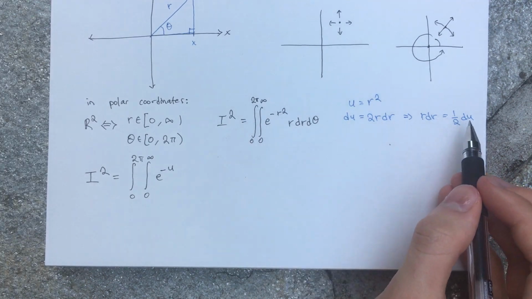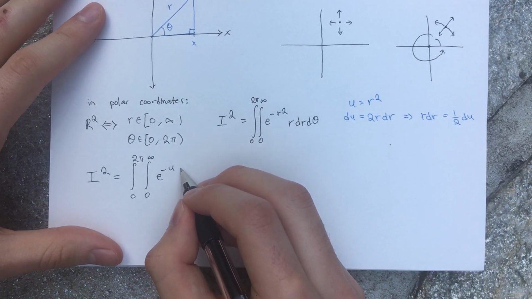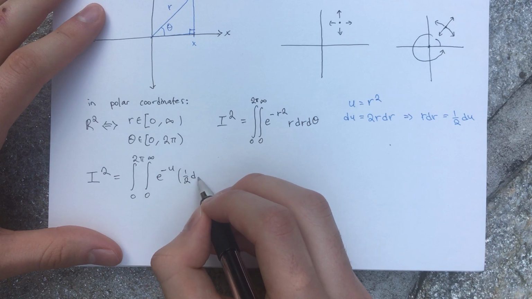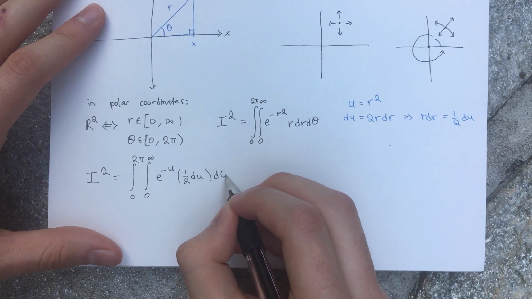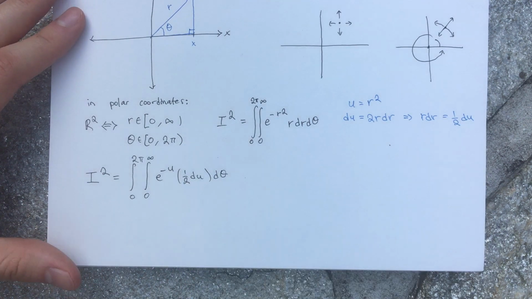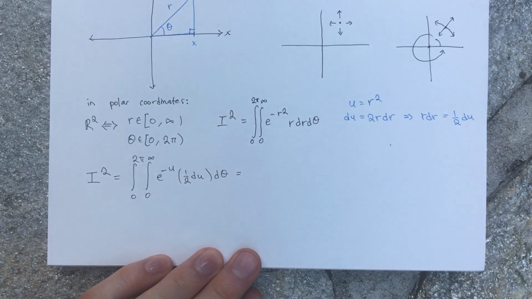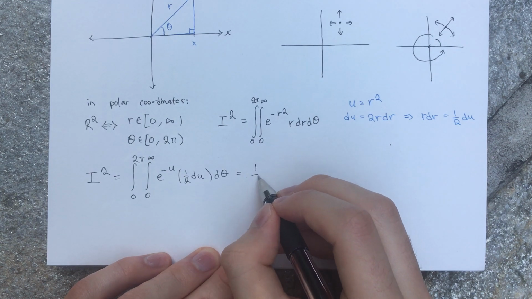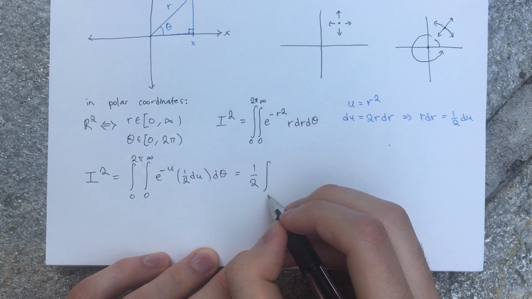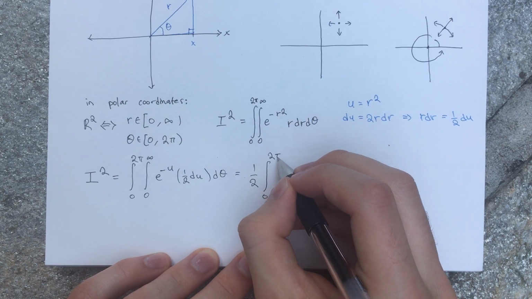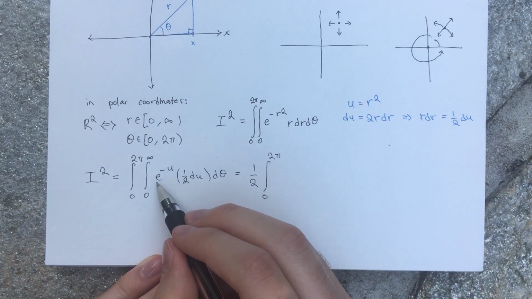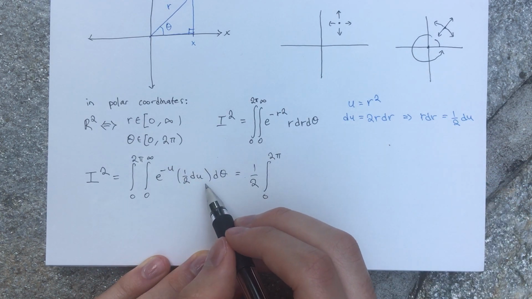R d theta becomes 1/2 du. So here we'll have 1/2 du. And then d theta. We can pull this 1/2 outside. This will be 1/2 the integral 0 to 2 pi. And now we'll integrate e to the minus u du.